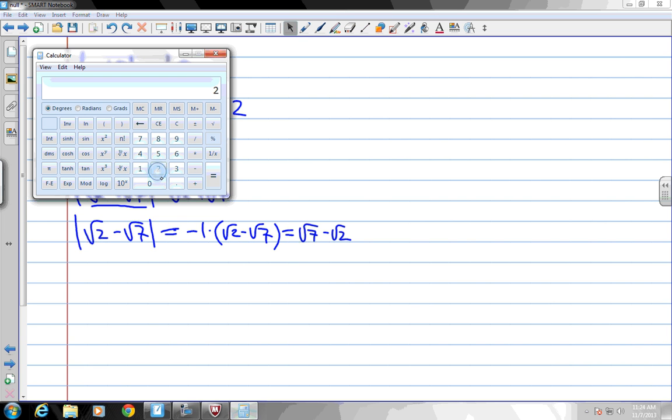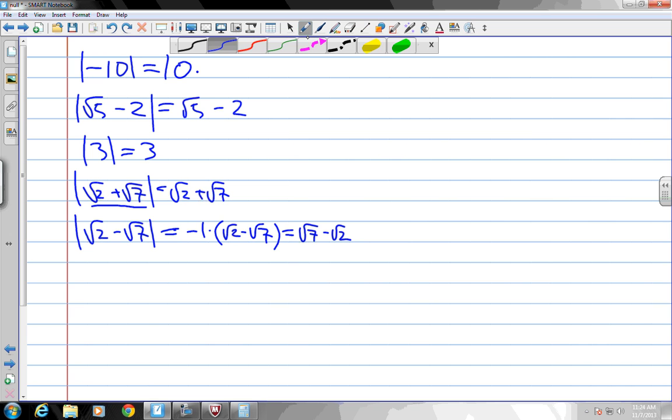If I plug square root of 2 minus square root of 7 in my calculator, I'm getting -1.23, blah, blah, blah. So what is the absolute value of that number? If I do square root of 7 minus square root of 2, I'm getting 1.23, blah, blah, blah. So all I have to do really is flip it around the negative. That will change the sign.